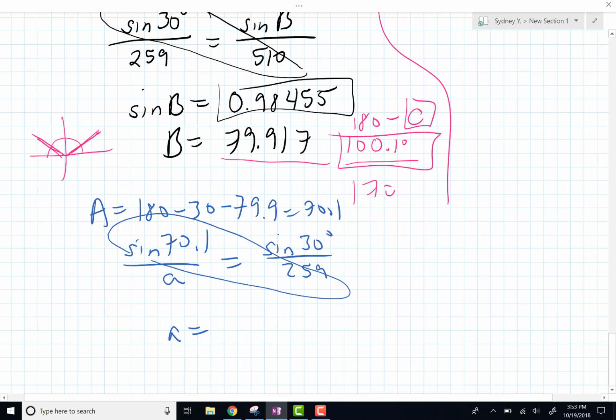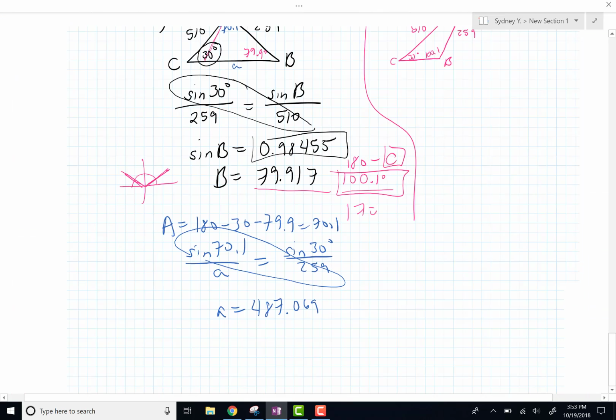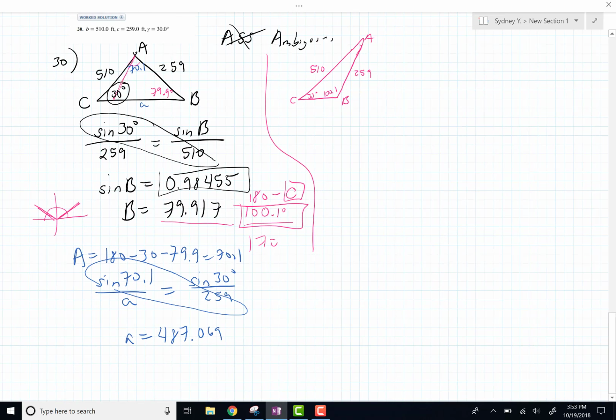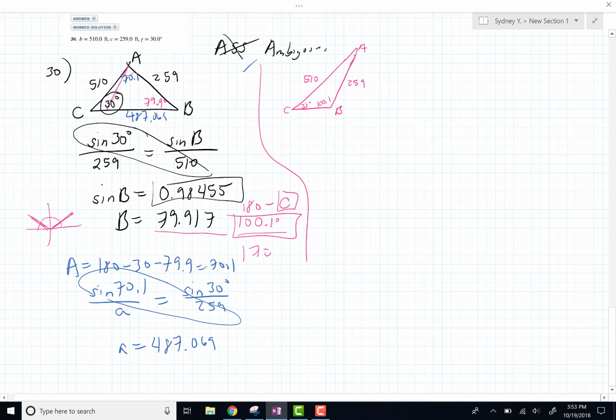So it'll be 259 sine 70.1 divided by the sine of 30. And so your A will be 487, about 0.1. If you need more, it's 0.069. So coming back up, your A will be 487.069. So now we have all the angles and all the sides for that triangle. That triangle is solved. Check.